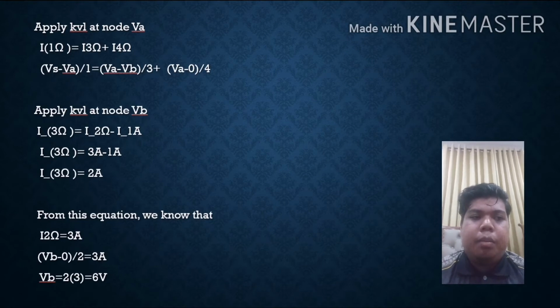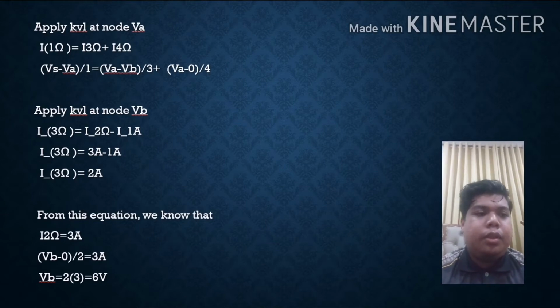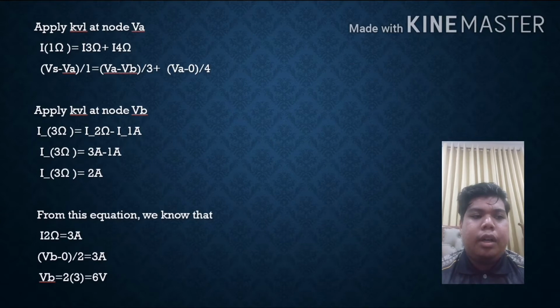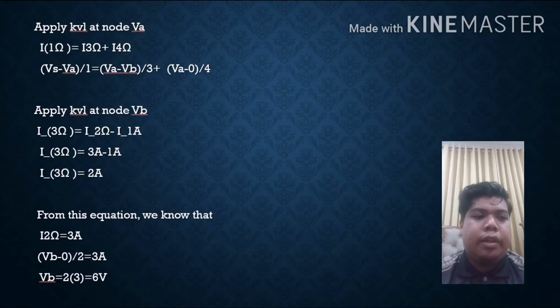Then we have to apply KVL at node VB. So VB is I3. The current flow at the 3 ohm resistance equals the current flow at the 2 ohm resistance minus the current flow at the 1 ohm resistance.